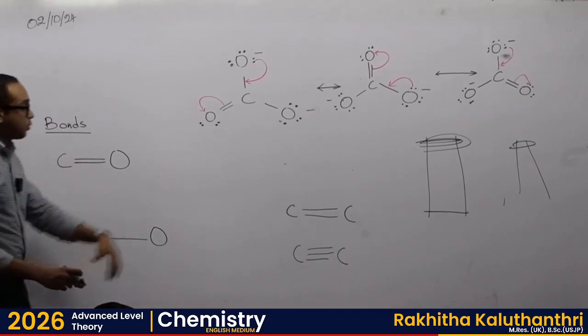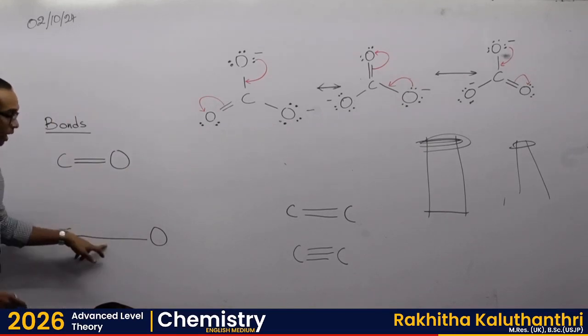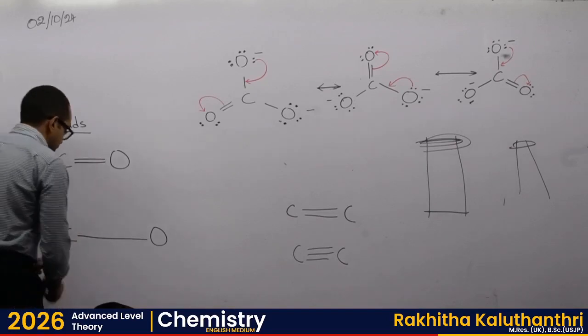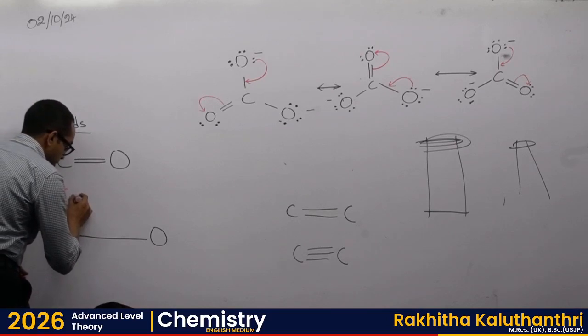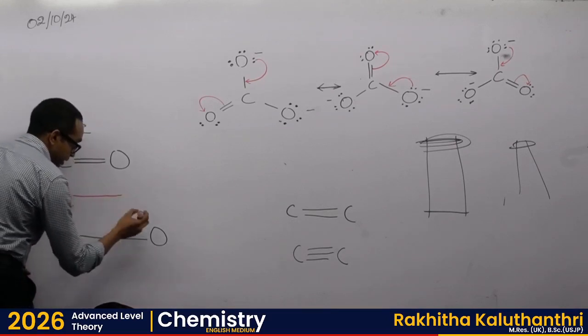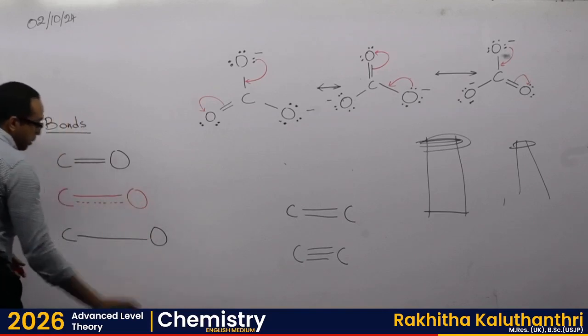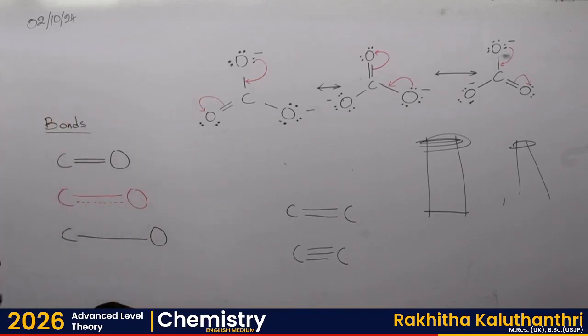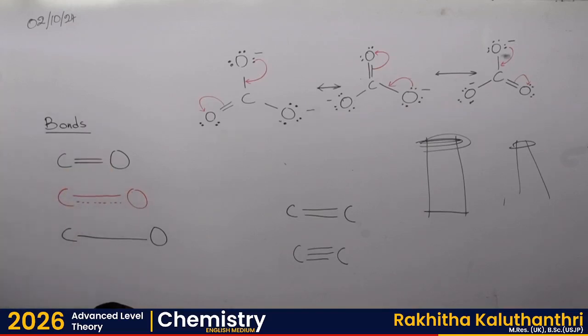So when we analyze this molecule, we expect this bond length to be found in the machine and this bond length to be found in the machine as well. But the machine says no, those bonds are not practically seen. What we have is something in between.